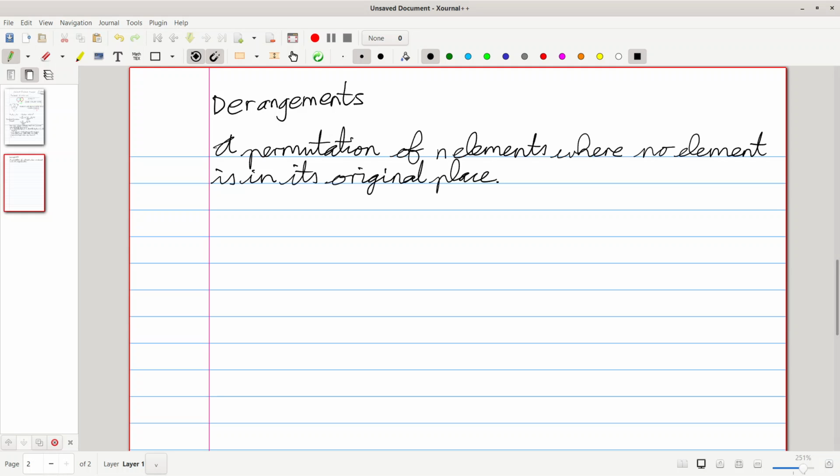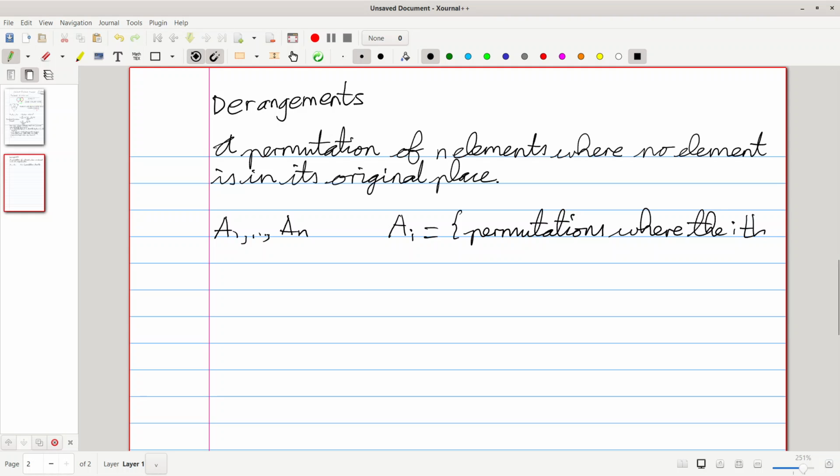Or if you look at it a different way, we have n elements, right? So we can have n sets, A1 up to An, where Ai, for instance, is the set of permutations where the ith element is in its original place.